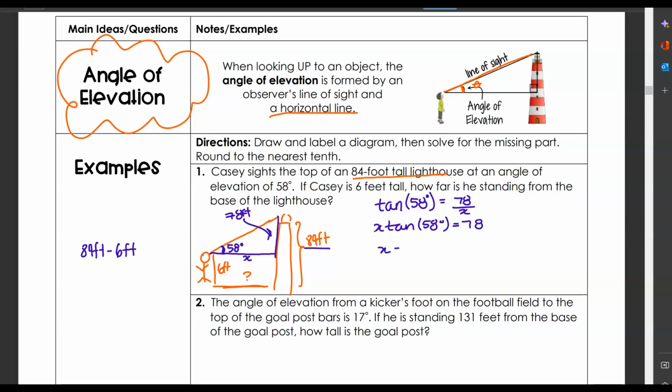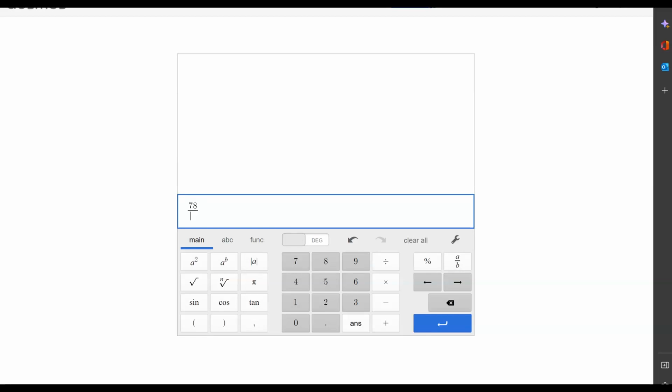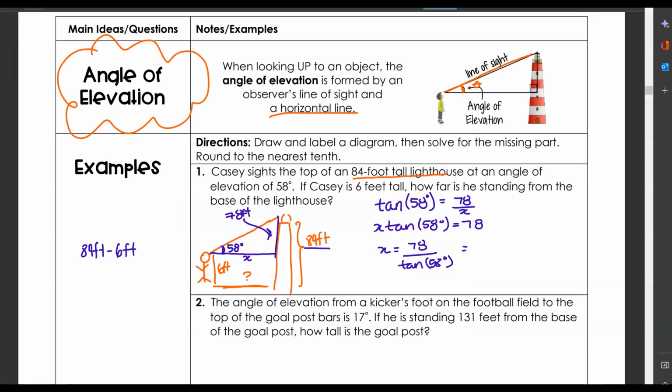We're going to divide both sides by tangent, and I get 78 divided by tan of 58 degrees, which gives me, come over here to our calculator, 78 divided by tangent of 58 in degrees. We hit enter, we get 48.7. So this is going to be 48.7 feet.